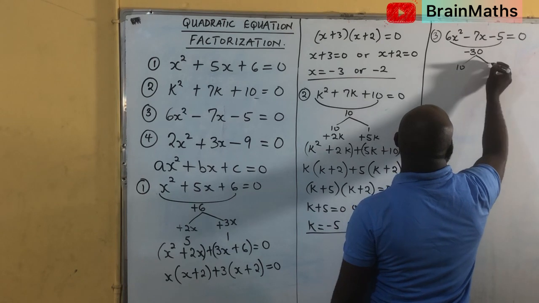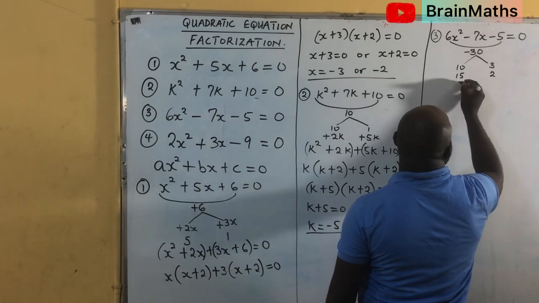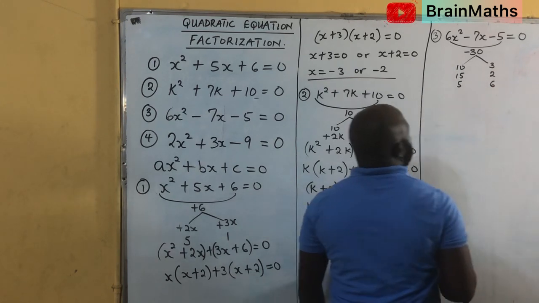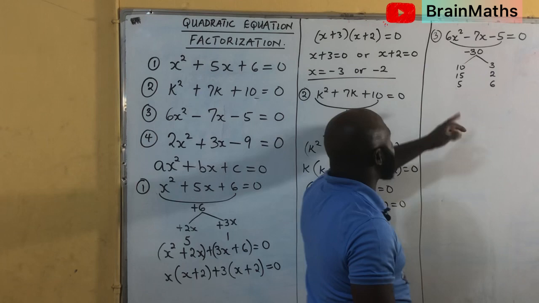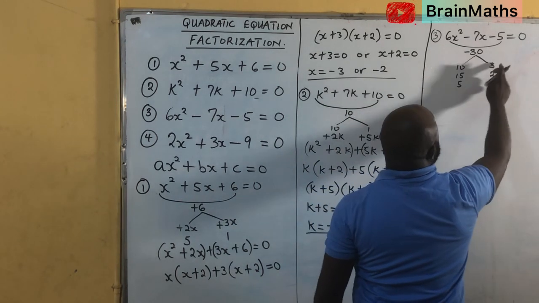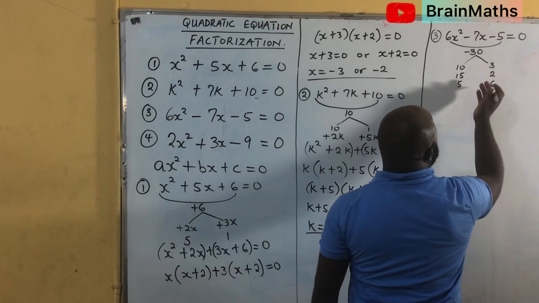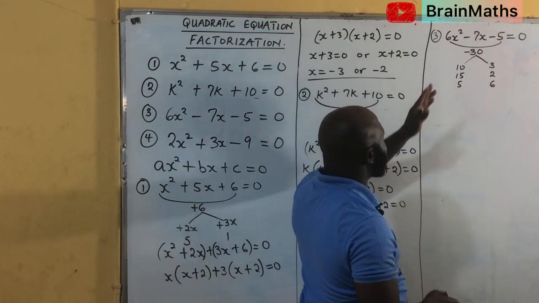They are 10 times 3, 15 times 2, 5 times 6. So, which one of them can we rewrite to get minus 7? 10 times 3, either minus 10 or plus 3 will give us minus 30.